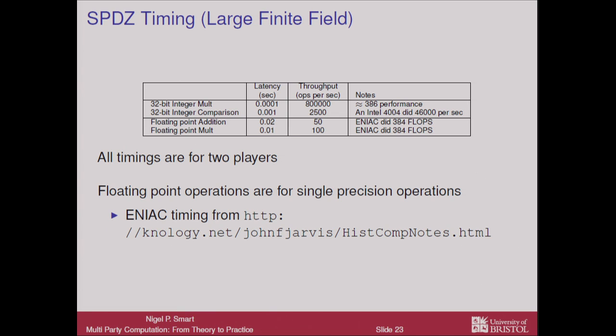But the hot off the press, by Christmas holidays hot off the press, is a 32-bit integer comparison. If you have values that we know are 32 bits long, to compare them we can do 2,500 a second. Which is not even a 4004, because an Intel 4004 did 46,000 a second.